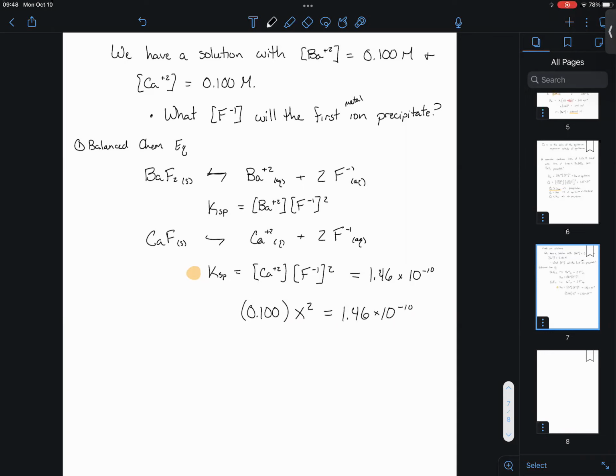So I can solve for X equals 1.46 times 10 to the negative 10 divided by 0.1, and take the square root, or raise it to the 1/2 power. That gives me a fluoride ion concentration of 3.82 times 10 to the negative 5 molar.